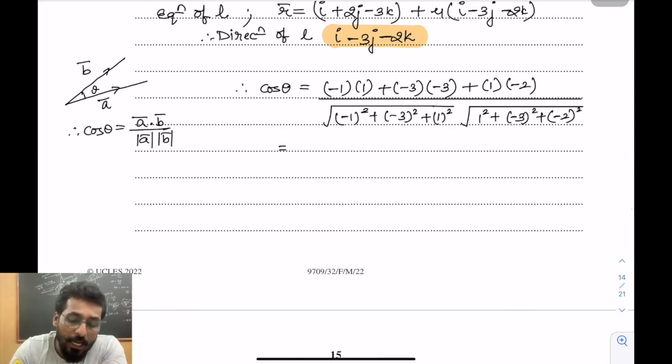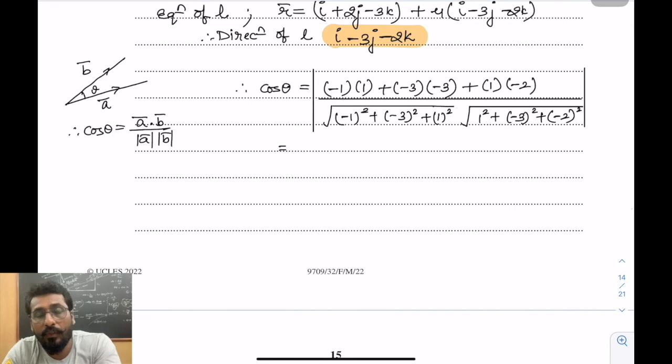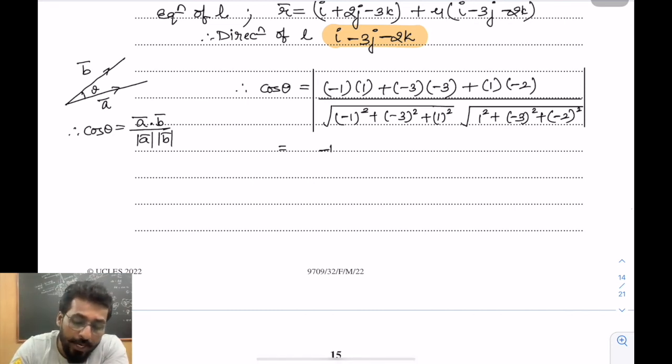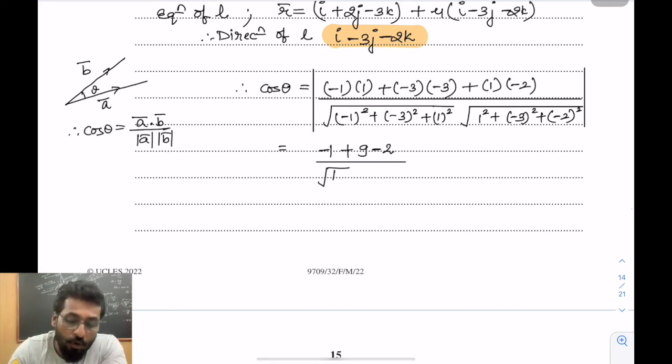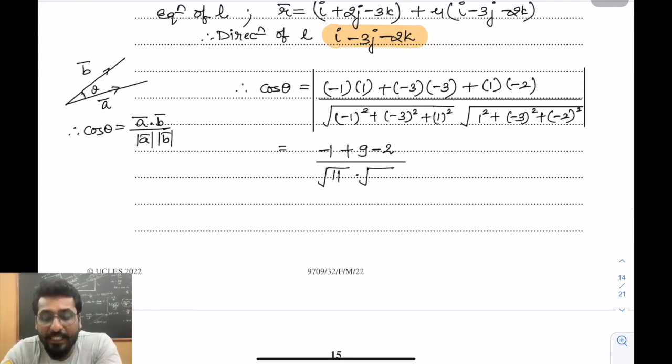And of course, this entire answer needs to come within the modulus sign because the angle is going to be acute. So this theta should be an acute angle, and the answer of cos theta should come positive. So it's going to be minus 1 plus 9 and minus 2, divided by root of 1 plus 9 plus 1, that's root of 11, multiplied with root of 1 plus 9, which is 10, plus 2 squared, that's 14.